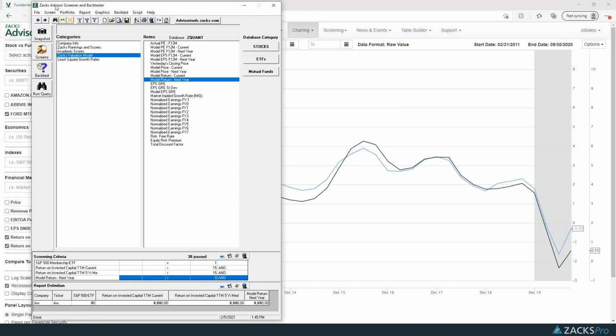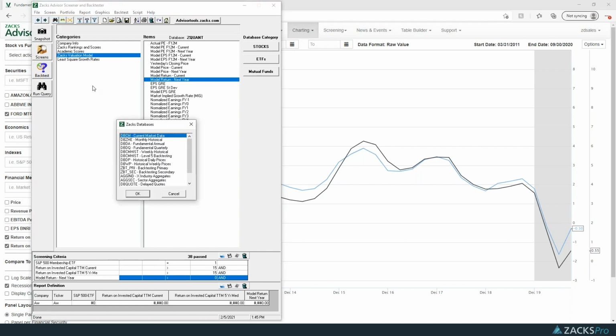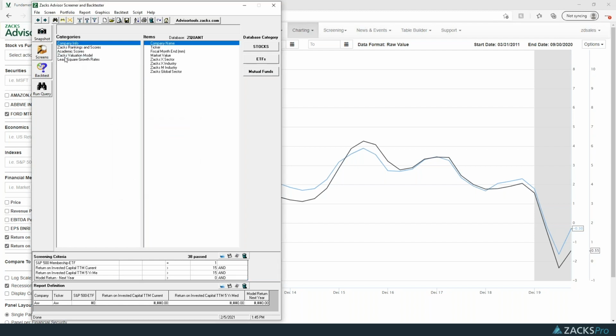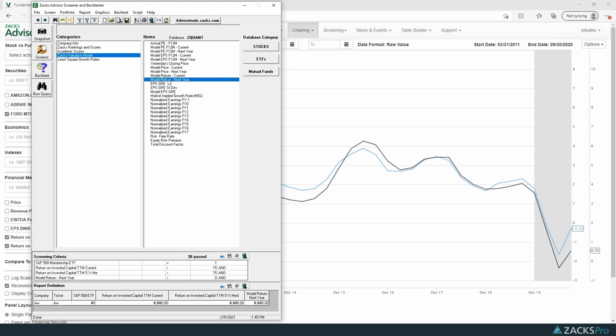So again, if you go into the Advisor Screener, you want to go into File, Open Database, and open up the zQuant database over here. And within that, you'll see the Zacks Valuation Model category. And within that, this is the number I like to focus on: model return next year, as well as model return current.